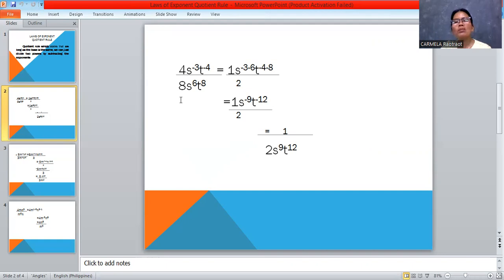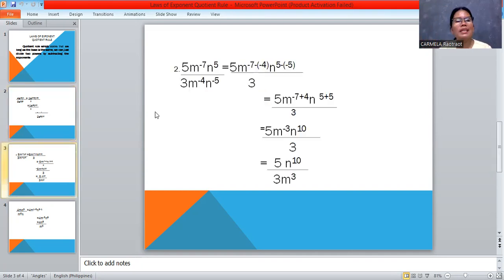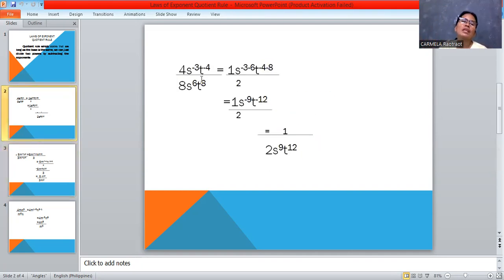The question is, can the bigger number be divided by the smaller number? Is 8 divisible by 4? Yes. So the GCF of 4 and 8 is 4.